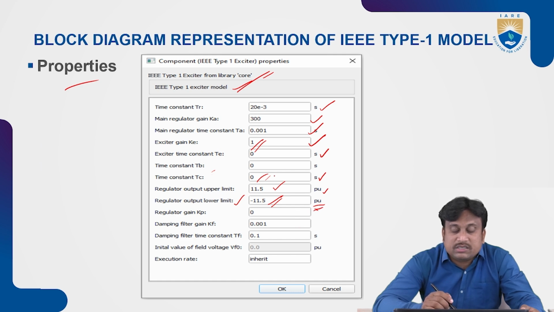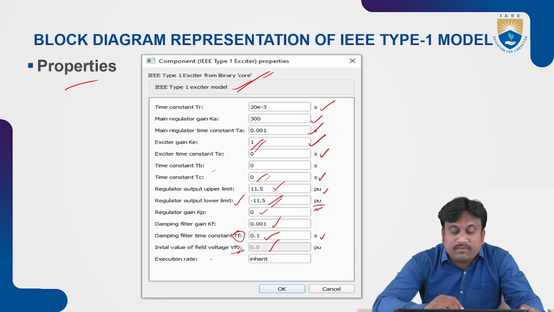The regulation gain factor is represented as Kp, and the damping filter time constant is about TF, which is about 0.1 in seconds. And the initial value of field voltage is Vf0, about 0.0.